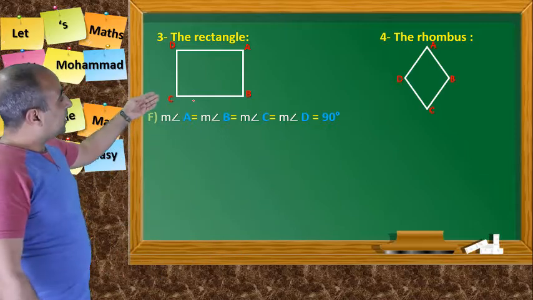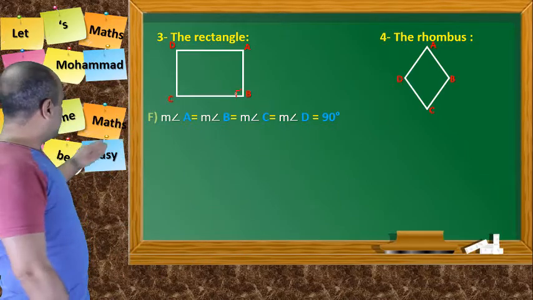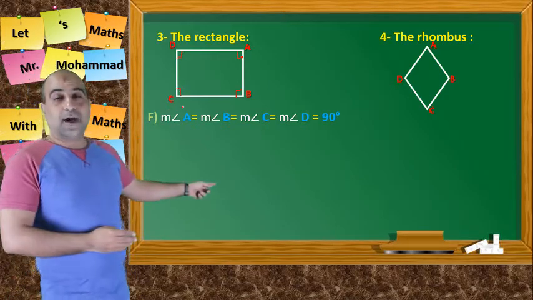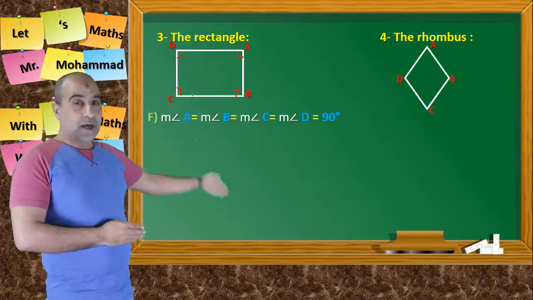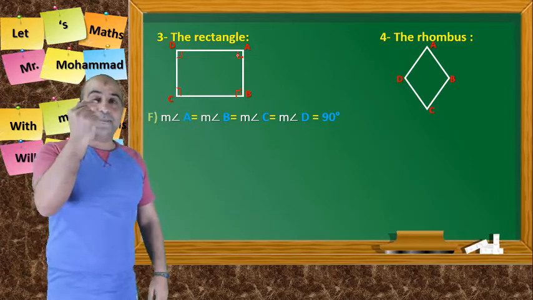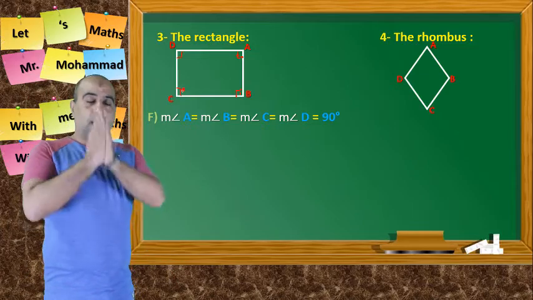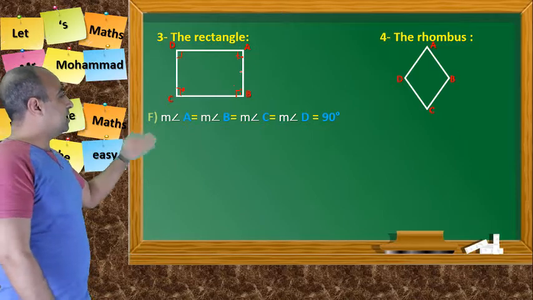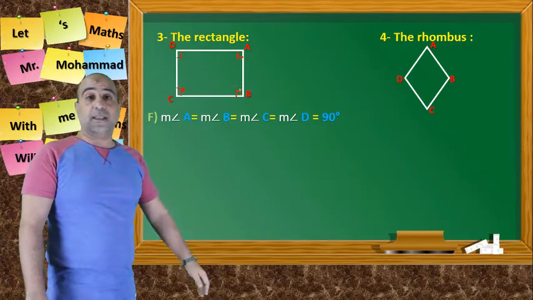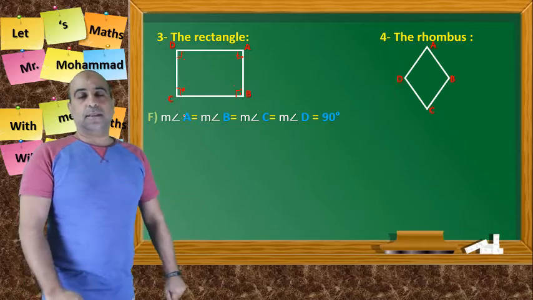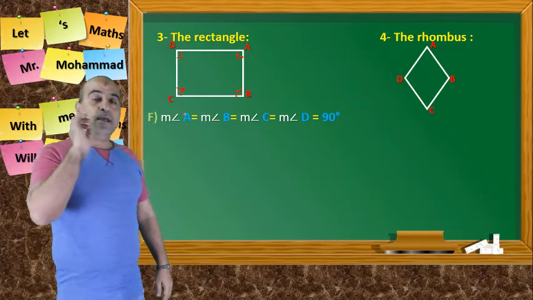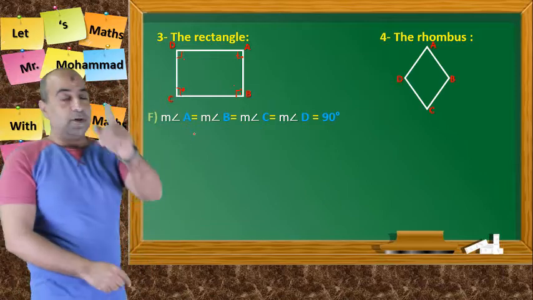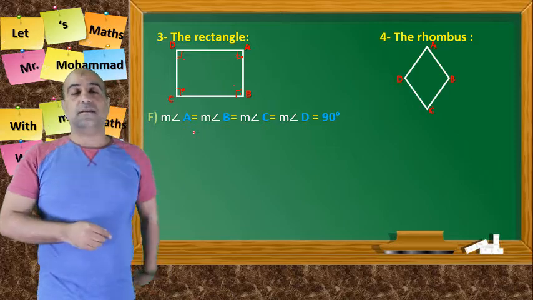Because if the measure of angle A is 90 degrees, then the measure of angle C is also 90 degrees, and since the sum of two consecutive angles is 180, the other two will be 90 as well. Then angle A equals angle B equals angle C equals angle D, which is equal to 90 degrees. And there is another property: the two diagonals of the rectangle are equal in length.